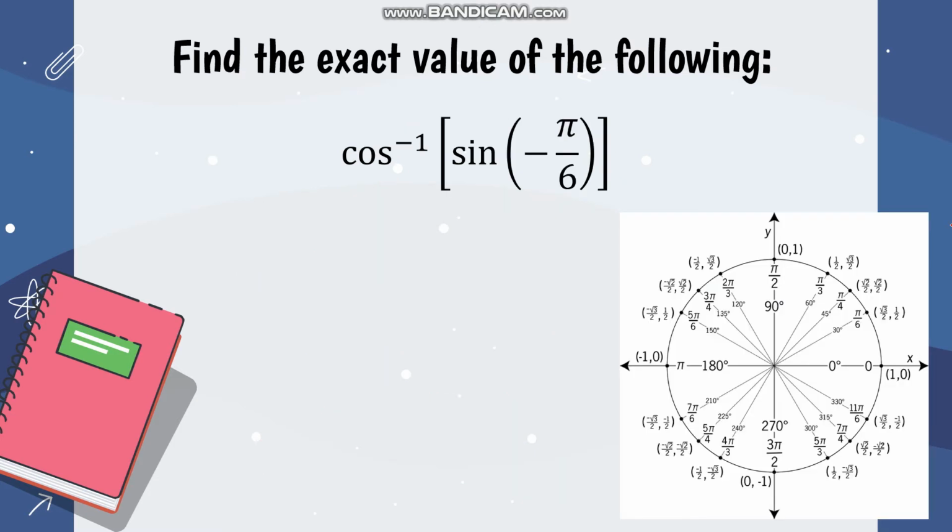Now let's solve for inverse cosine of sine of negative pi over 6. So we will do the same thing. We will be solving for the one inside our parentheses. Since it's negative pi over 6, that means it is equal to negative 30 degrees.